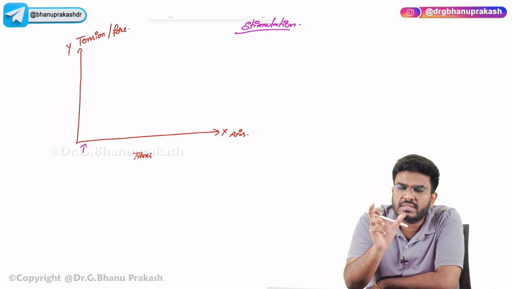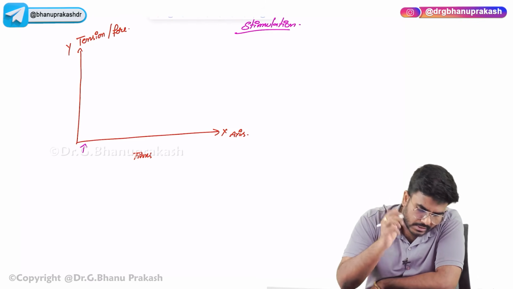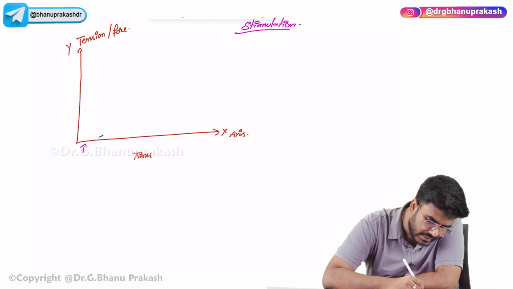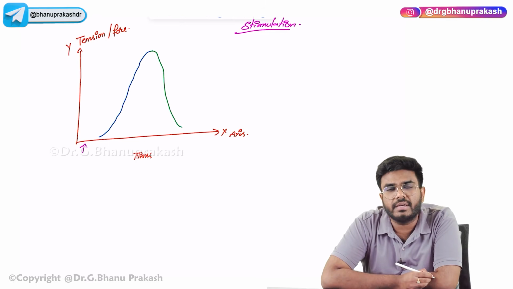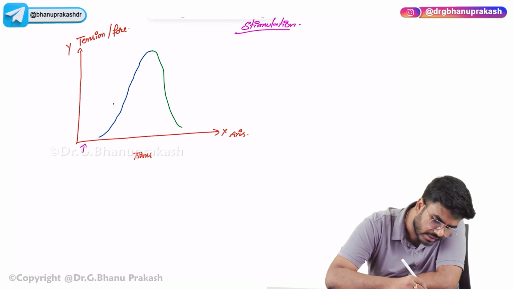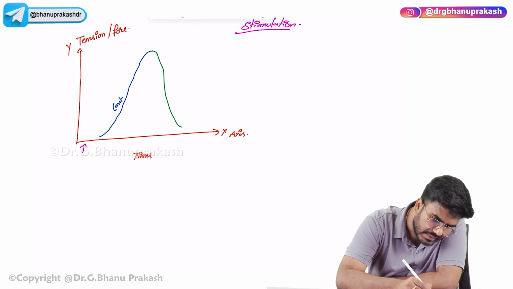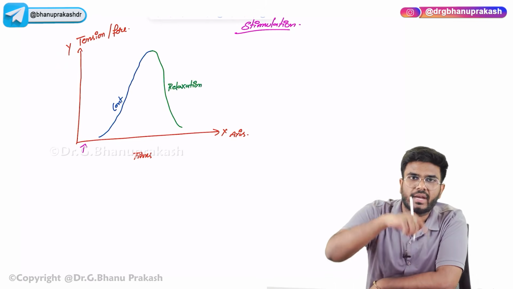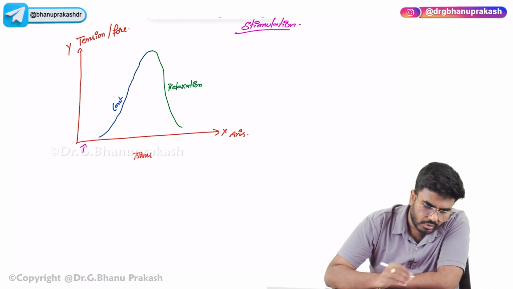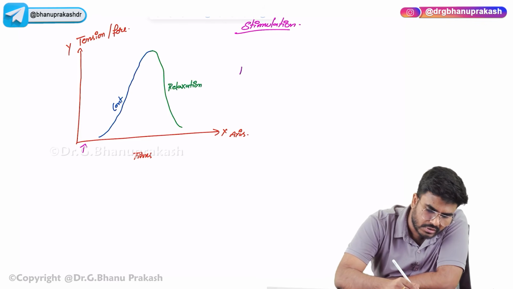The muscle fibers will contract, then they will relax. So now a muscle fiber is getting contracted. After that, the muscle fiber will be relaxed. The blue color line is contraction and this green color line is relaxation. Okay, contraction, relaxation. So this whole graph, whatever I have shown here, is called a muscle twitch.